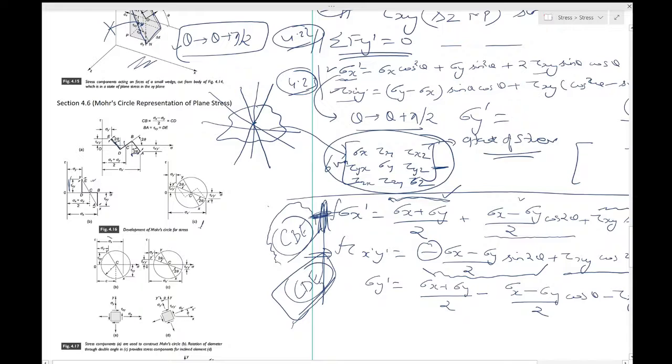So this thing which we had has also been shown by a dashed line over here. It was for theta not equal to 0, and this one is for theta equal to 0. Once you have this circle in front of you, the angle between the xy diameter and the x dash y dash diameter is the same. So xy diameter is already known, and this is the x dash y dash diameter.